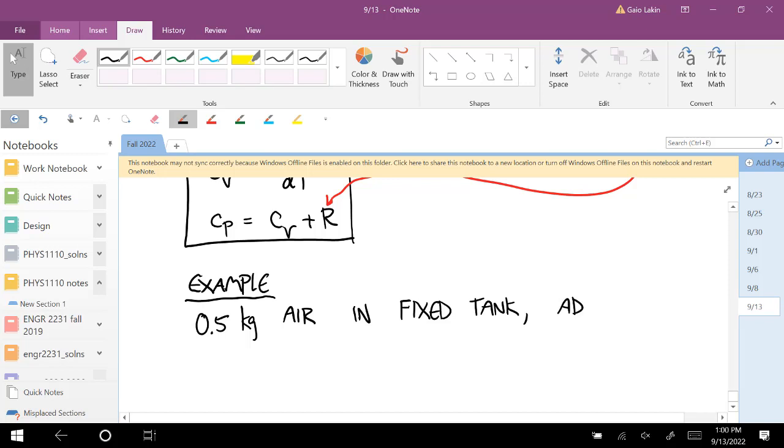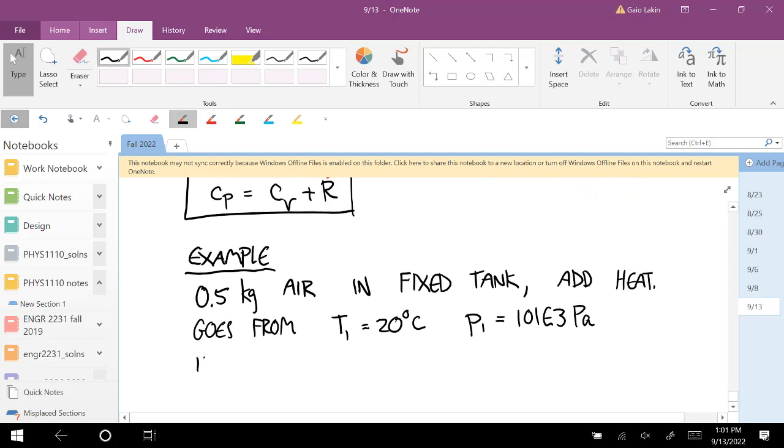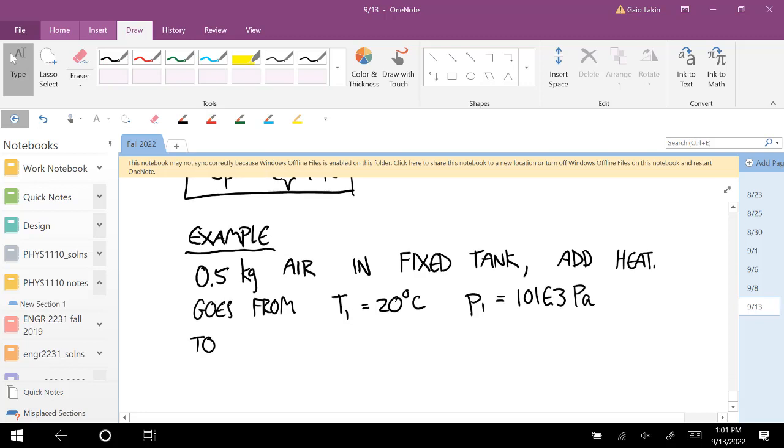And let's say we add heat. And it goes from a temperature T1 of 20 degrees Celsius and pressure P1 of 101 times 10 to the third pascals to a pressure P2 of 202 times 10 to the third pascals.